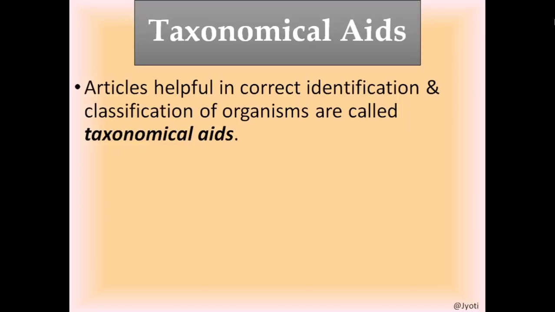And if we go through these articles, then we can know about that particular species as well as the related species. So such articles which are helpful in correct identification and classification of organisms are called taxonomical aids.